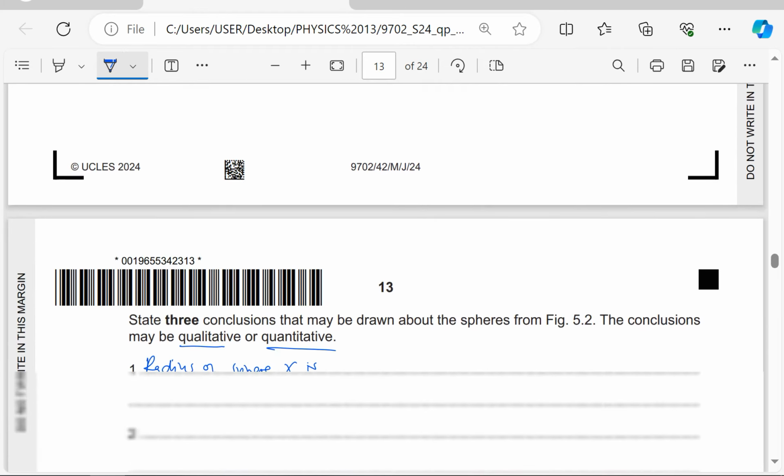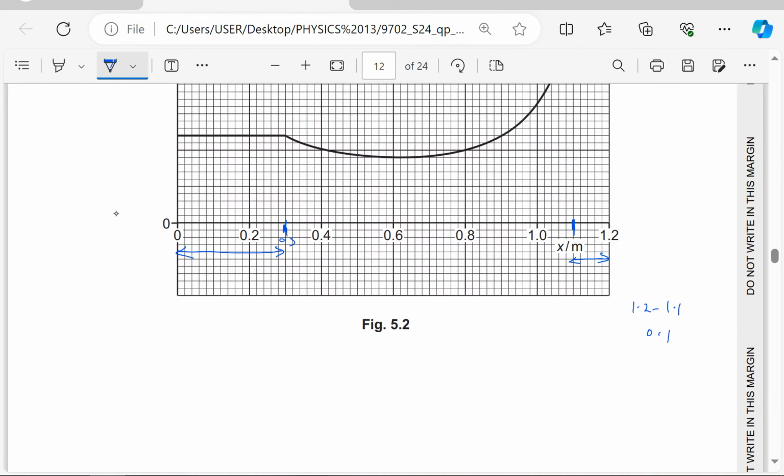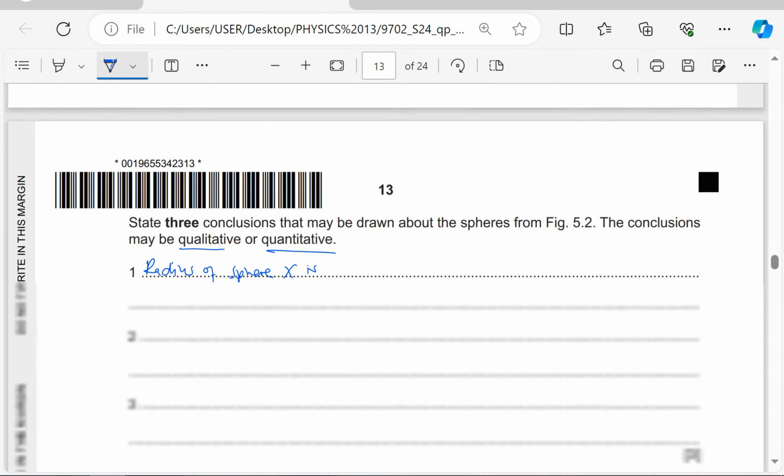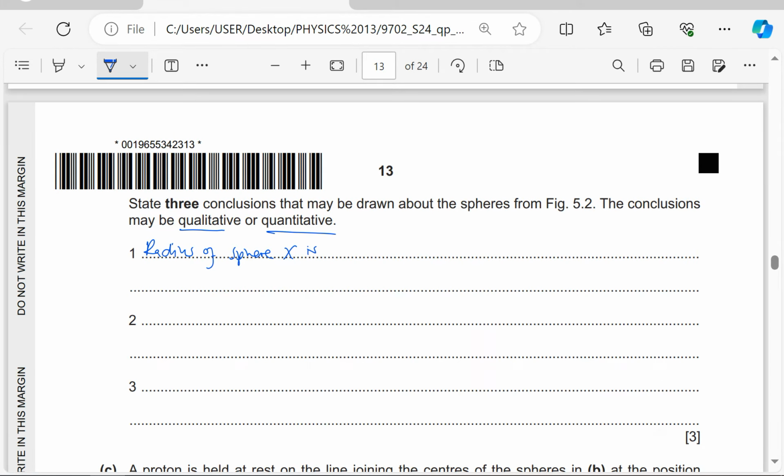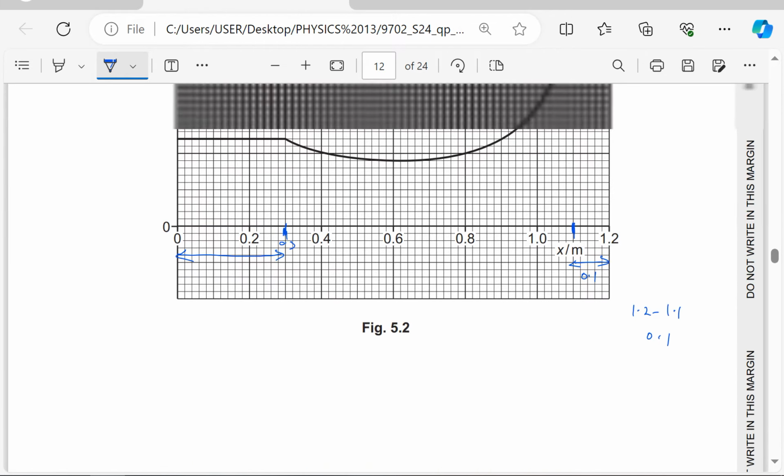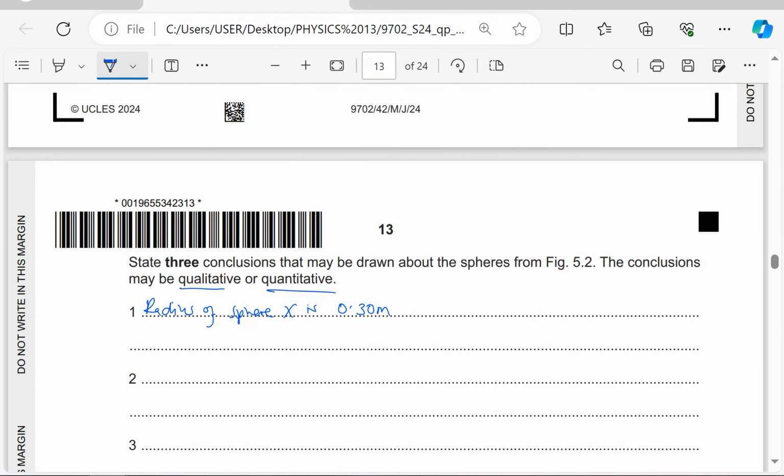So this distance here is 0.1. So the radius of sphere X is 0.30 meters. Is it in meters? Yes. And the radius of sphere Y is 0.10 meters.